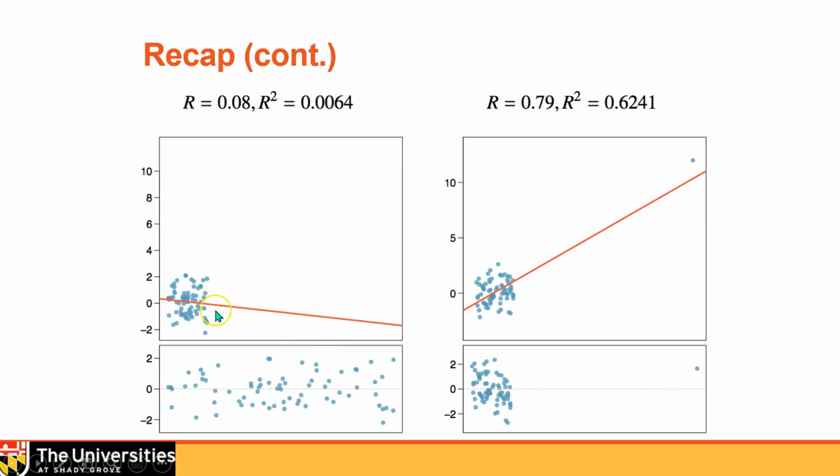Okay. So here, this is the situation we saw before, where we have a high leverage and influential point, which basically gave us a high correlation coefficient and a high R squared, coefficient of determination.